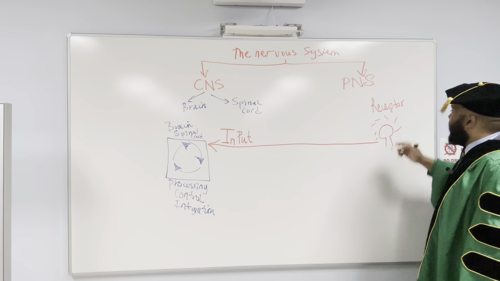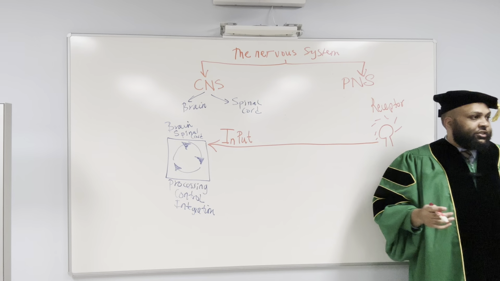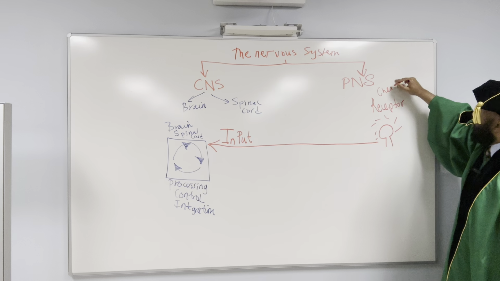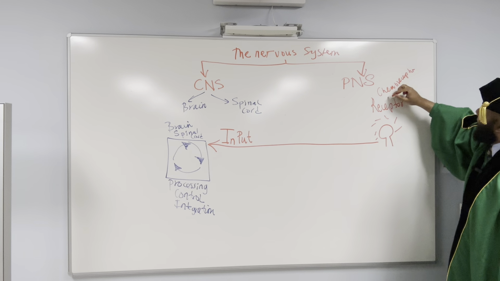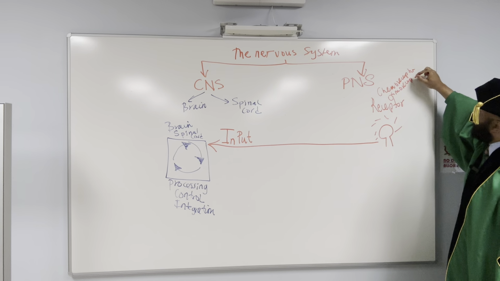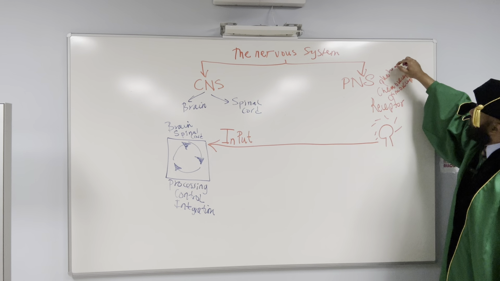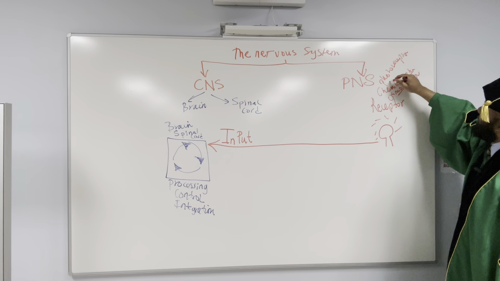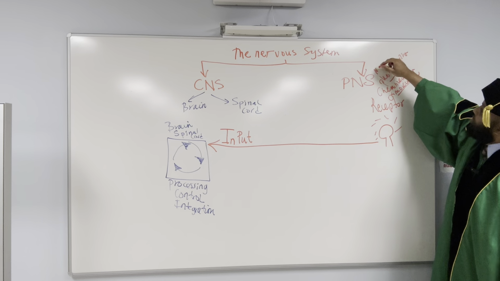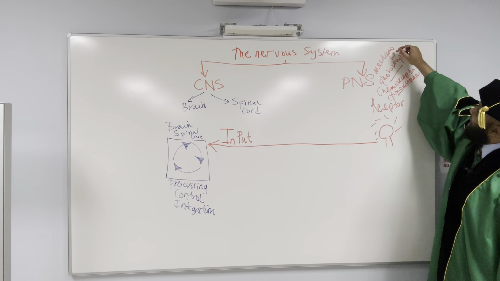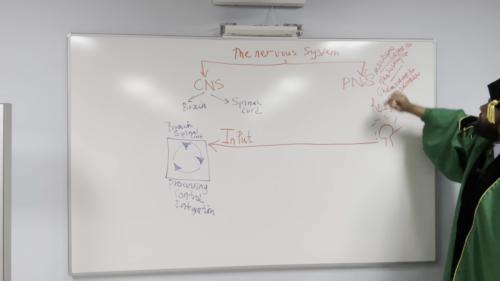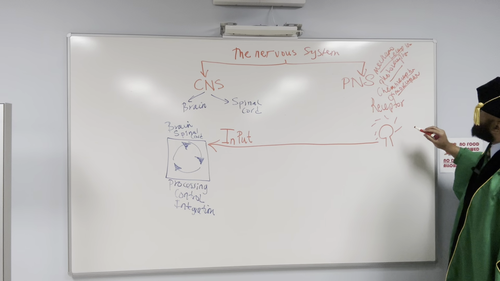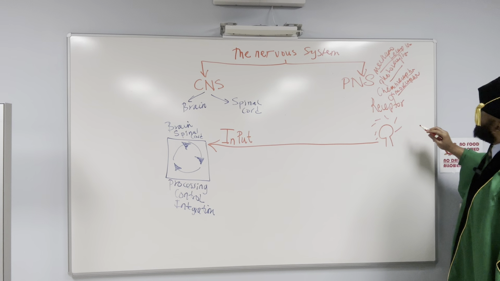So you have a chemoreceptor, meaning a receptor that detects chemicals. Osmoreceptor for osmolarity, photoreceptor, mechanoreceptor.